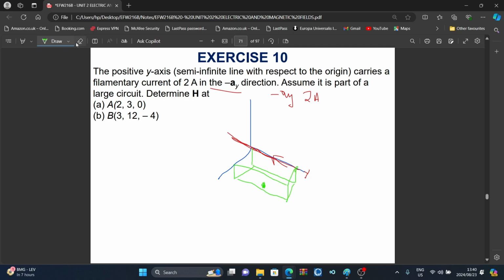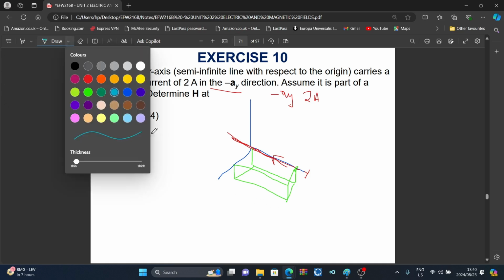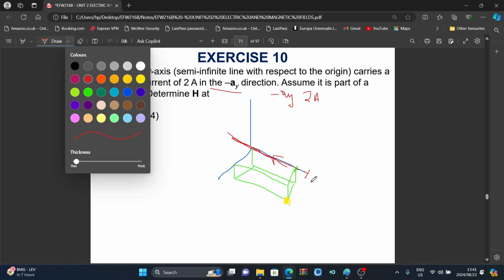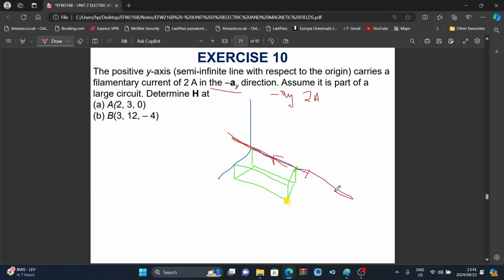Yeah, I think that looks better. So our point will be somewhere here, down here. Let's use yellow. So this is our point there. As you can see, we are working with a three-dimensional object, and then I'll also extend the current such that it's easier for us to work. What else do we need?